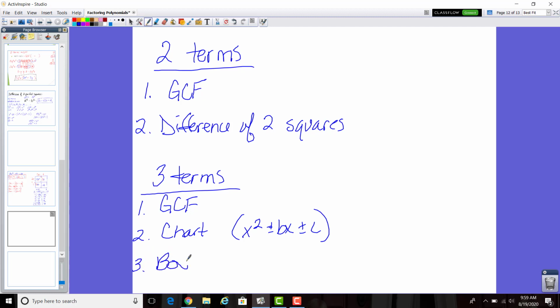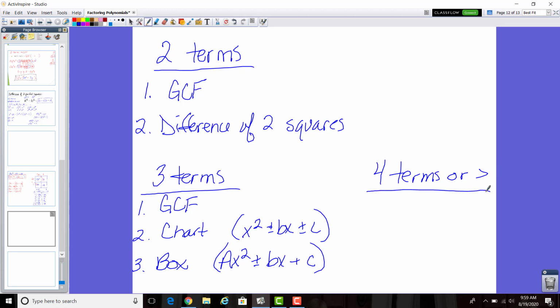We could use box. Now we put a coefficient in front of that x squared, but everything else remains the same. If we have 4 terms or more, right now we can only use the GCF.